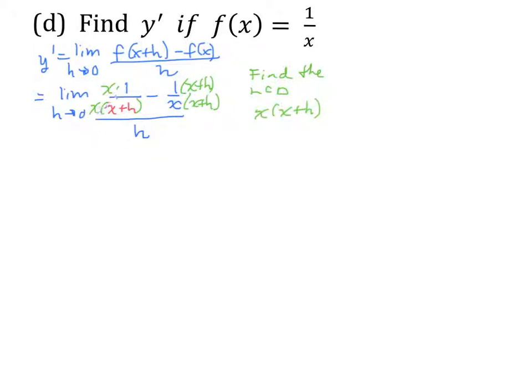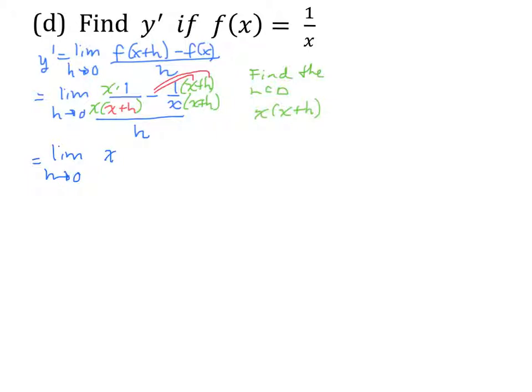So this first one is x, but I've got to write it as the limit as h approaches 0 of x, and then I'm going to distribute this negative into the x and into the h.